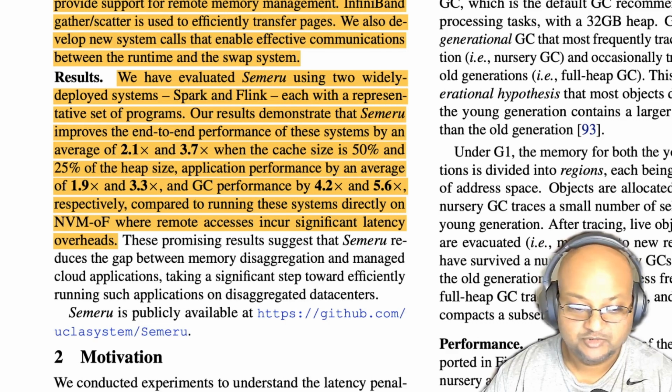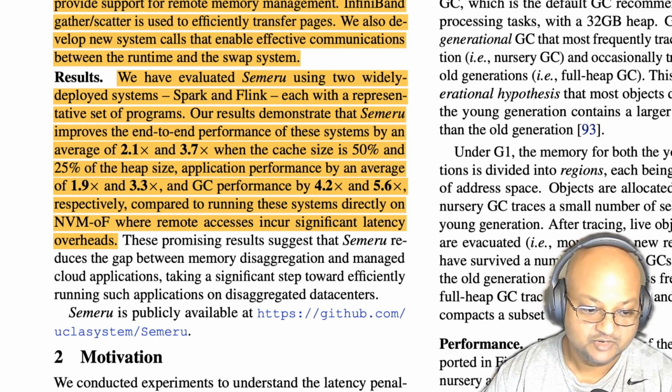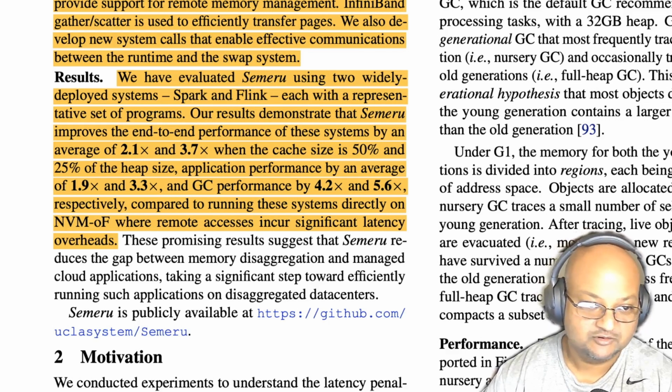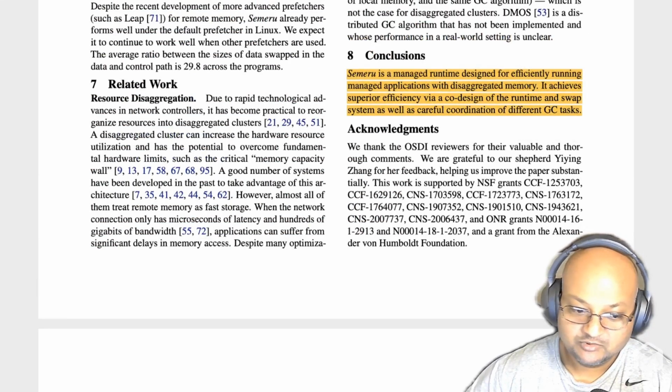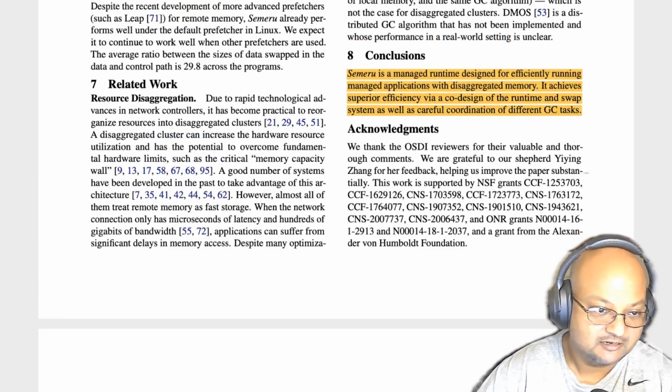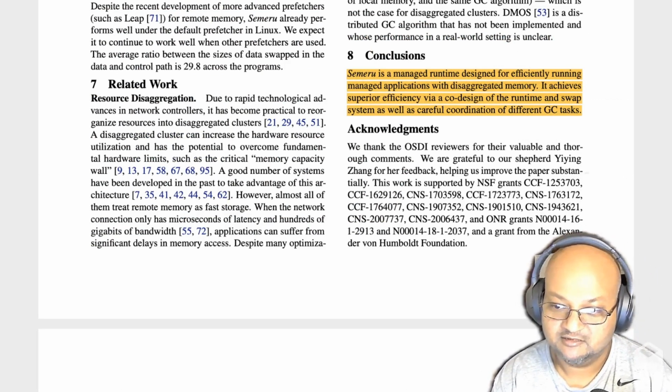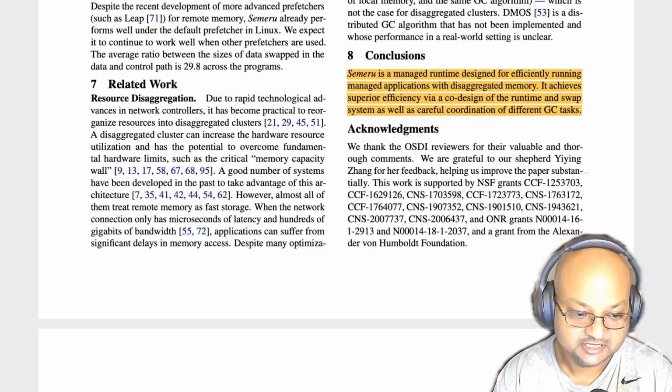So that's a pretty significant performance improvement over a baseline which kind of brute forced all the memory accesses and did not know about the access patterns and did not interact with the language runtime that the application was running in.